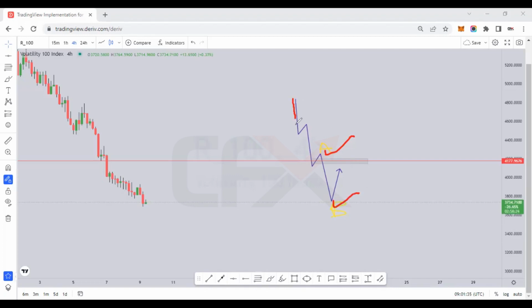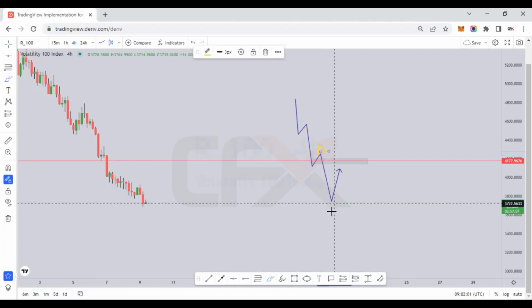Any move comes with a retracement. So this one, this is the point A, and this is the point B. Again here, this is the point A, and then point B, and the final one that we have here. So what we're gonna do is to use the Fibonacci, starting from this point.